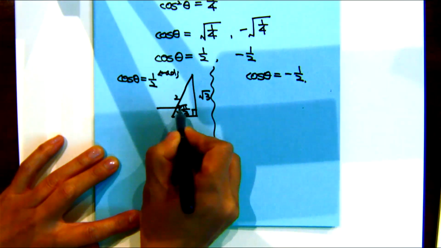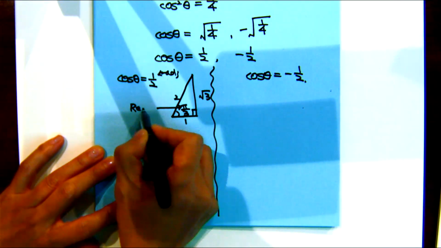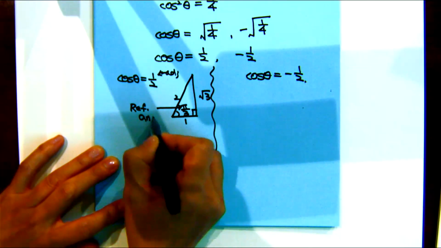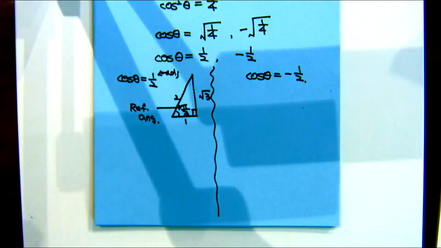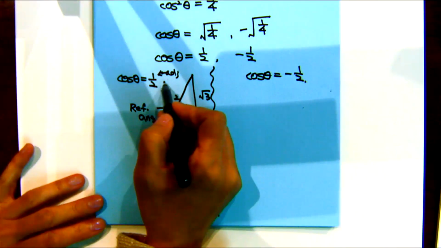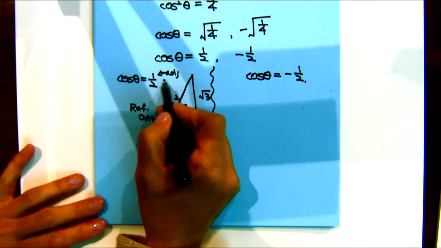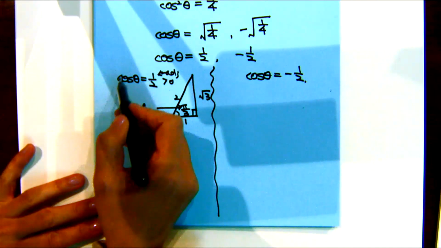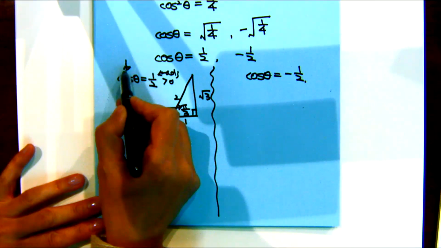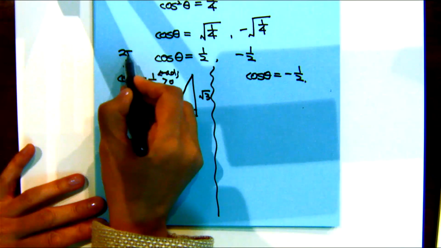So pi over 3 is the reference angle. Right. And then what I said was you have to look at the number. Is that positive or negative? That is positive. And what is the period of cosine? That is 2 pi. That is period.